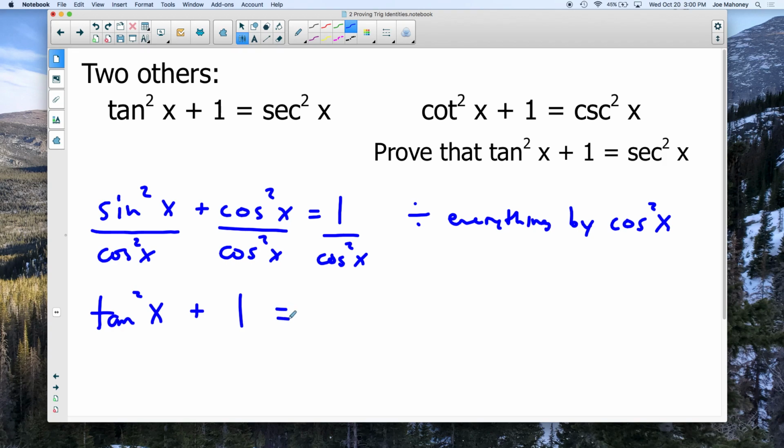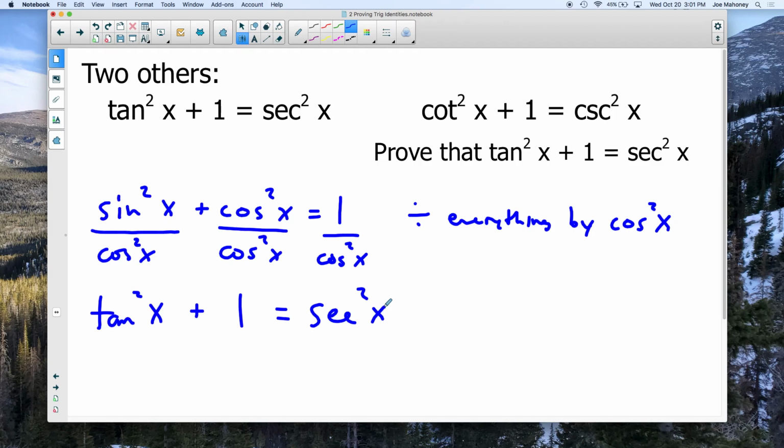And on the right side, I have 1 over cosine squared. That's the reciprocal function for cosine, and that's secant squared. In a similar way, you can verify the other identity by dividing everything by sine and seeing how that simplifies.